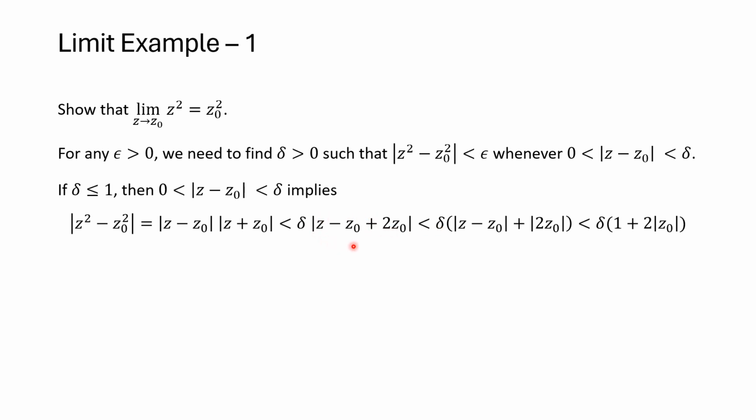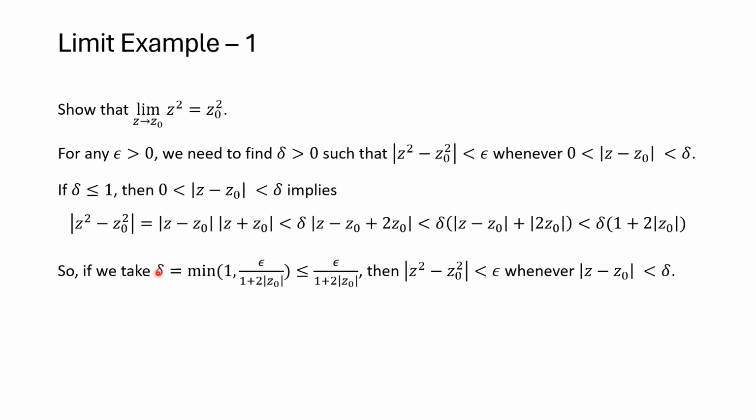And then using the triangle inequality, this term here is less than these two moduli here. And then we can go back, and since we assumed delta was less than or equal to 1, we plug that in here, and we get this expression. So the modulus of z squared minus z sub 0 squared is less than delta times 1 plus 2 times the modulus of z sub 0.